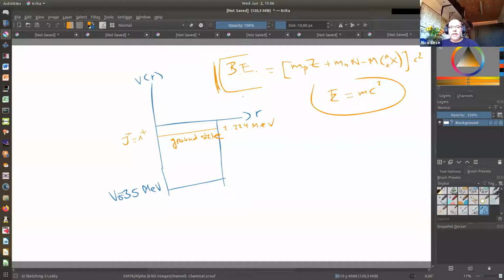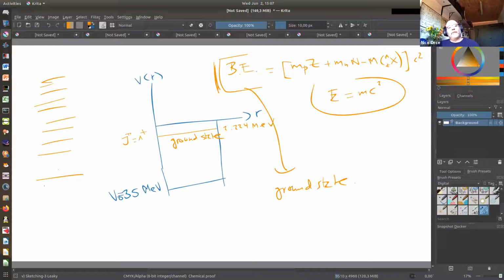So a nucleus, as we know, has lots of excitations up there. And the binding energy that we calculate is for the lowest state in the potential.